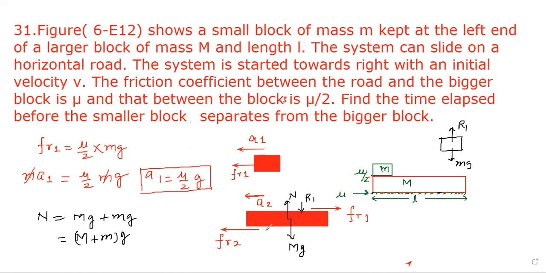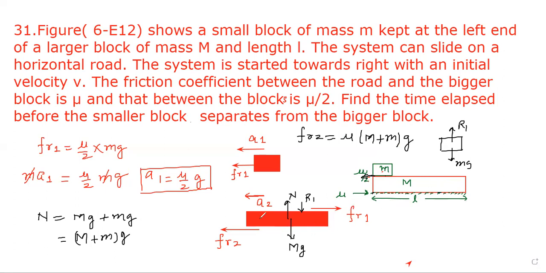Now we can find Fr2, the friction between the ground and the bigger block. Fr2 will be equal to mu times capital M plus small m into g. Since there is friction in this direction when the two blocks move, as a reaction there will also be the same friction in the opposite direction when we consider the lower block.